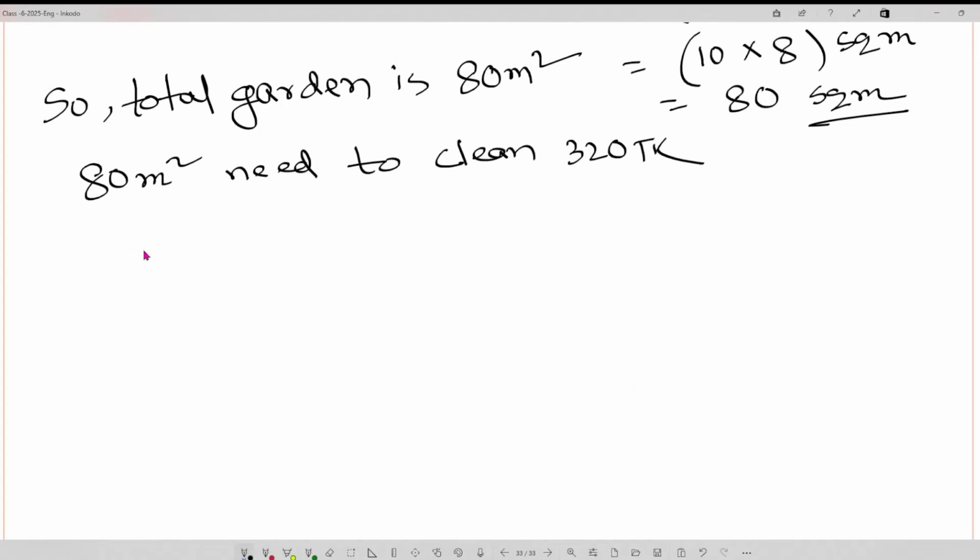Okay, so 1 meter square need to clean 320 divided by 80 taka. Therefore we can say 0 and 0 out, so 32 divided by 8 is 4. So here is 4 taka.